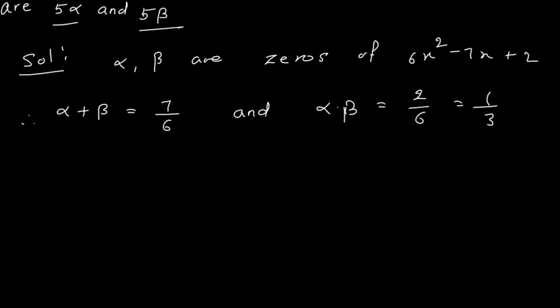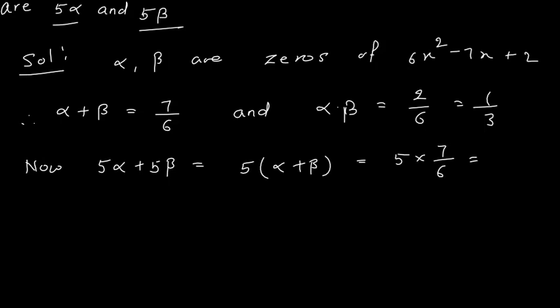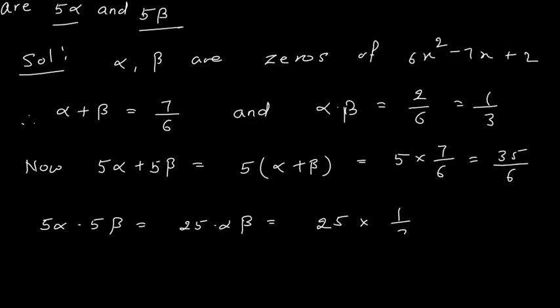Now 5 alpha plus 5 beta is equals to, I will take 5 common. Here we have alpha plus beta, which will give me answer as 5 into 7 upon 6, that is 35 upon 6, and 5 alpha into 5 beta, this is 25 alpha beta. So this is 25 into 1 upon 3, this is 25 upon 3.